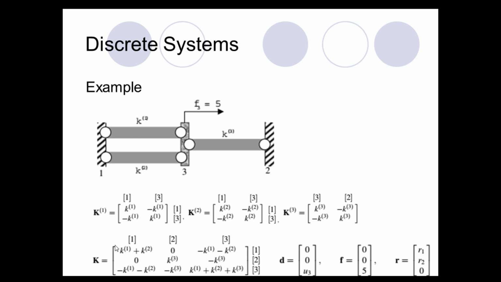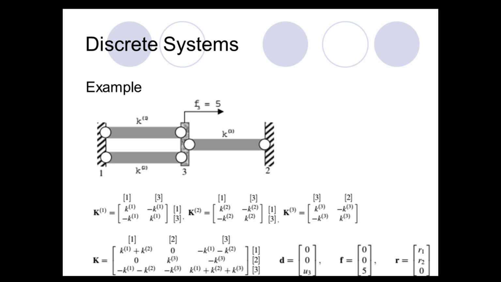So again, identically, this is 1 1 and this is 1 3. Let's focus on this one. Again, this is 3 3, this is 3 2. So as a result, 1 2 is 0. We don't have any value for 1 2.